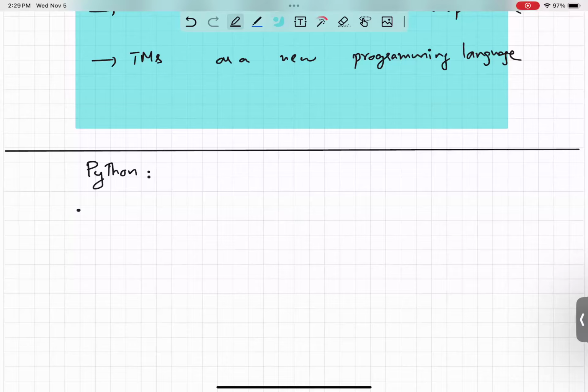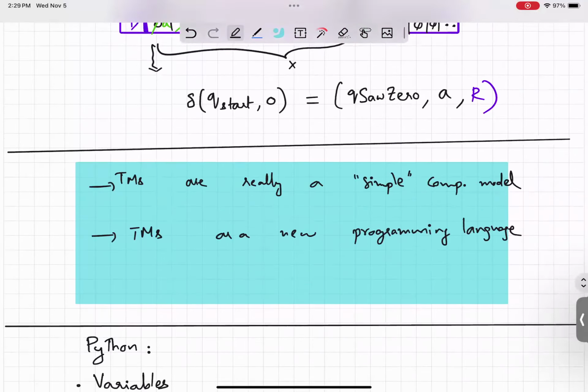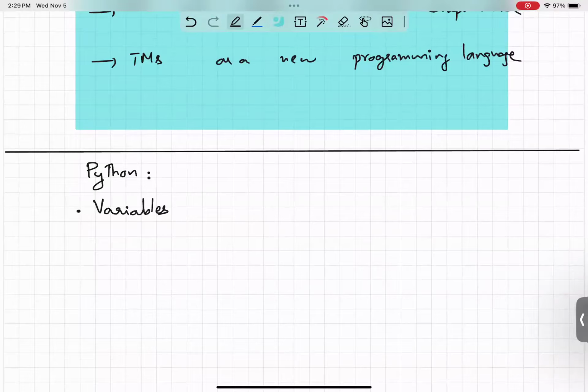Okay, I'll tell you one of my first things is variables. I can create new variable names and so on. In the Turing machine programming language, there's no notion of a variable. You can say maybe a state, but you can only create a few of them. It has to be finite. What else?